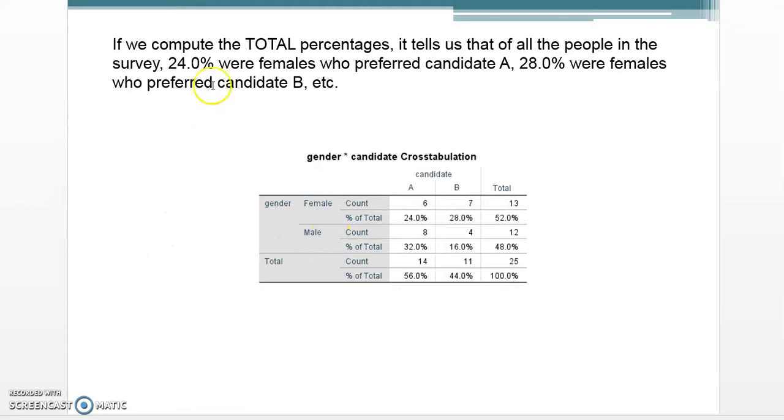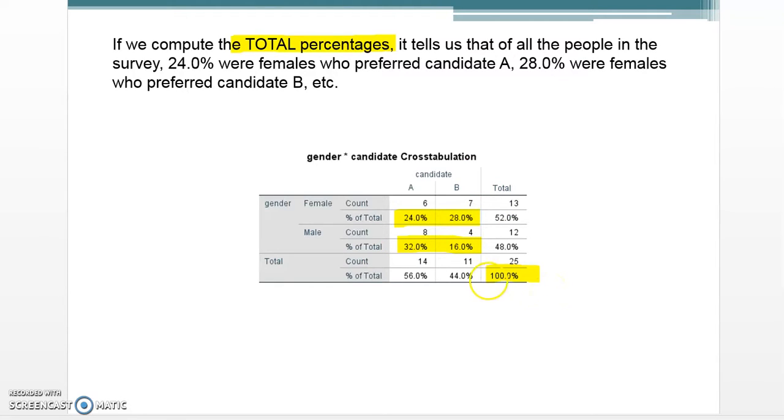All right, there's also a way for us to compute the total percentage. Total percentage has 100%, which includes all of those. 100% is basically everything being considered: females who would prefer A, females who would prefer B, males who would prefer A, and males who would prefer B. If we add up all these four individual percentages, you would get 100%.